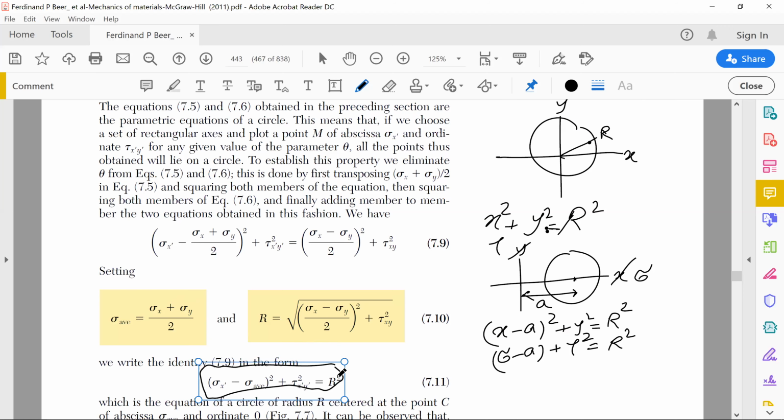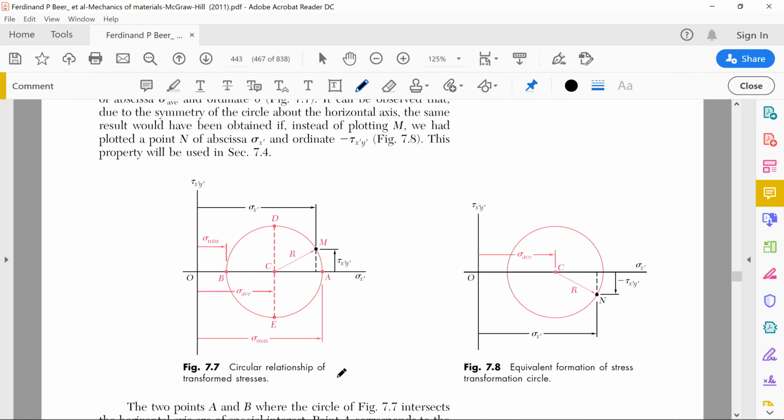So this is now a circle. This was our a, now this has become sigma average, and he drew the circle. These are the 2 points, point A and point B. Obviously this is the sigma max value, this is the sigma min value, and sigma average will be sigma max plus sigma min divided by 2.